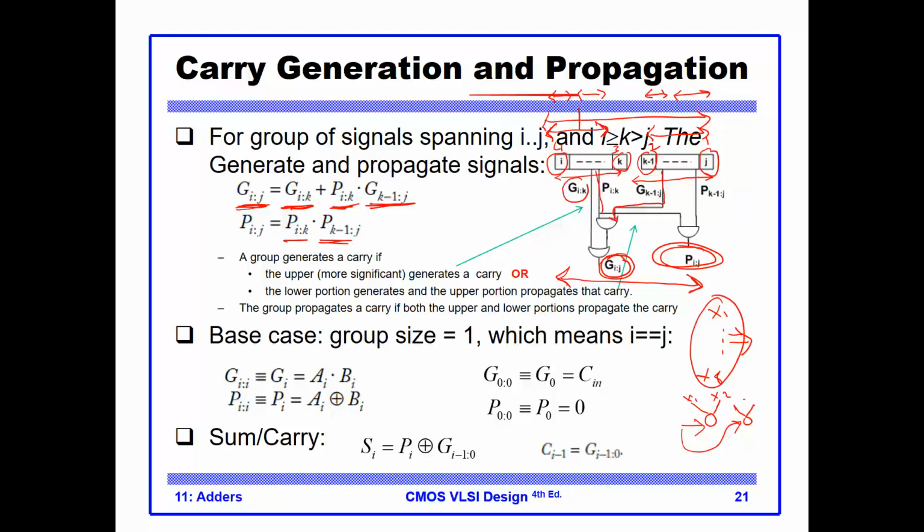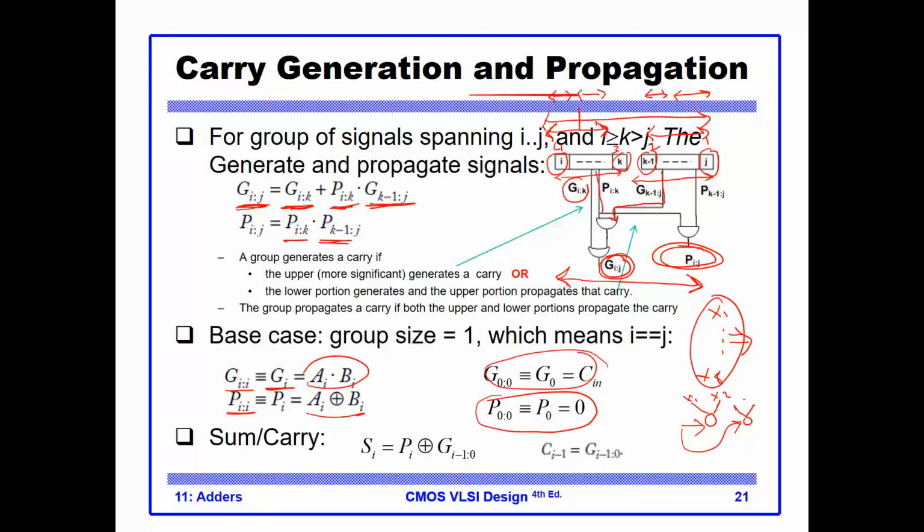Now here is the base case. The group generate from bit I to bit I is the group generate for I, which is the ANDing of the ith bits of A and B, and the group propagate from I to I is the XORing of AI and BI. Group generate for bit 0 is actually the Cin, and group propagate for bit 0 is 0.